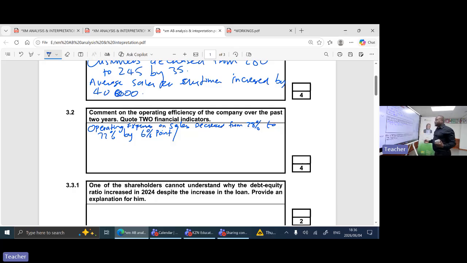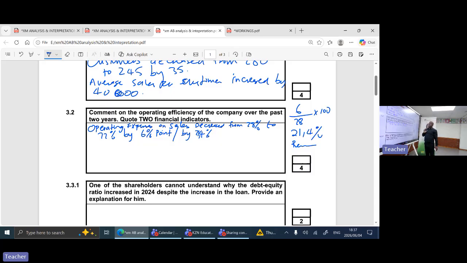Then the relative decrease: the difference of 6 over the earlier figure of 28, multiplied by 100. So 6 over 28 times 100 gives 21.4%. It decreased by 21.4%, which is a relative decrease.